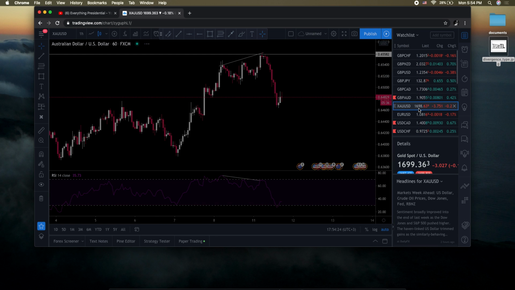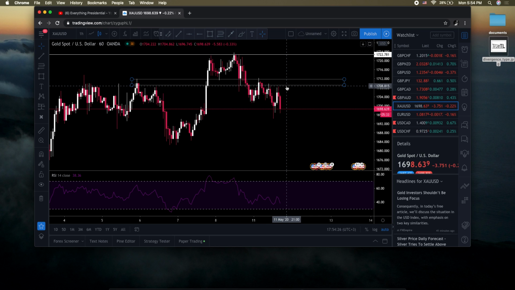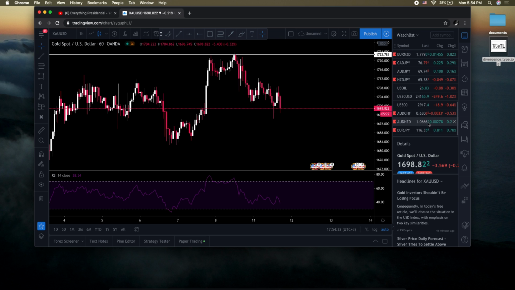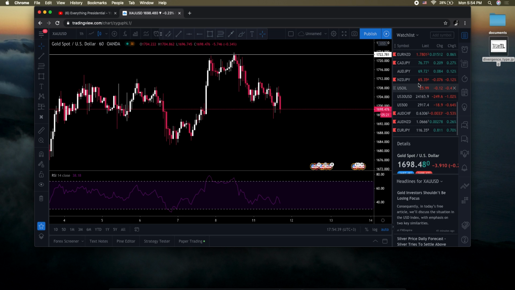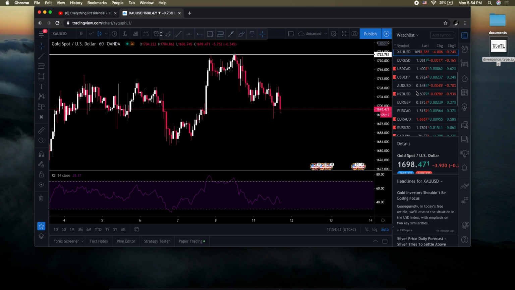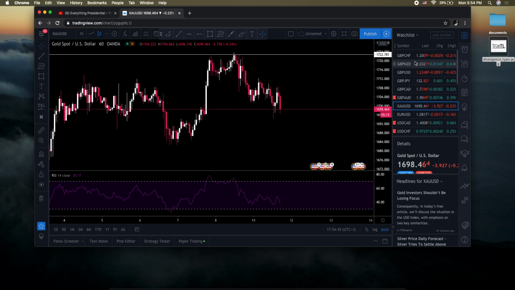Now the trade I took on gold last week, let me just go ahead and delete this. By the way, I draw zones, right? Let me just go ahead and show you guys real quick on AUD USD. Where is AUD USD? Oh, right here.